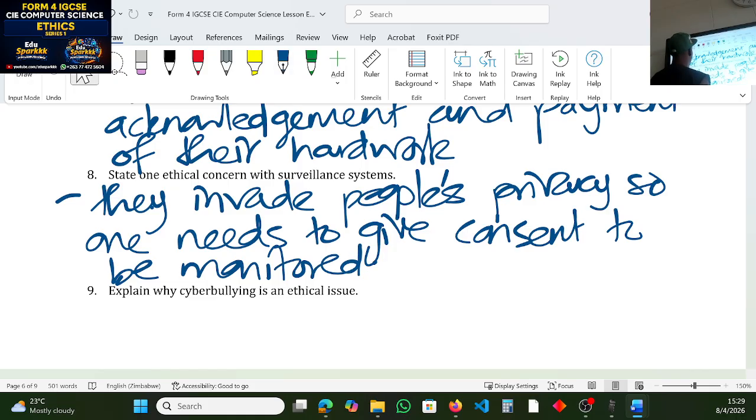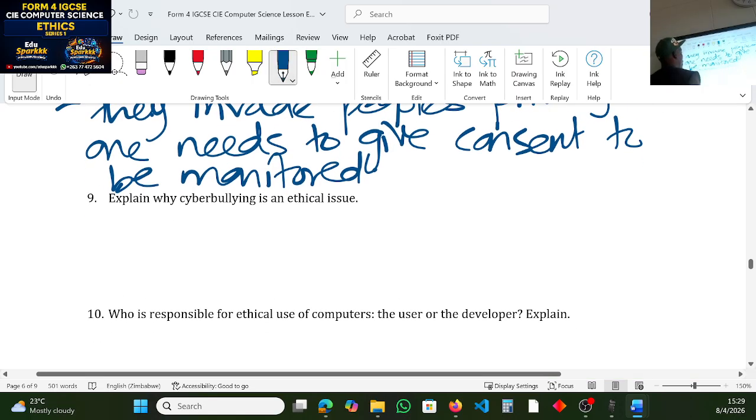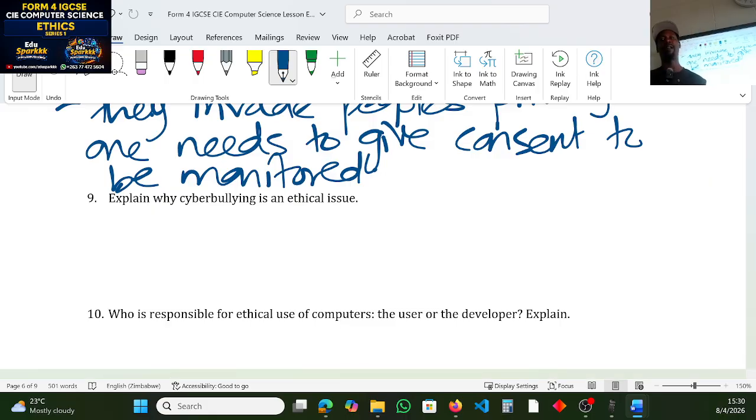Explain why cyberbullying is an unethical issue. Well, this is usage of a computer system on social platforms. This can sometimes cause harassment, emotional harm, and distress to others. So there are negative things that it brings.